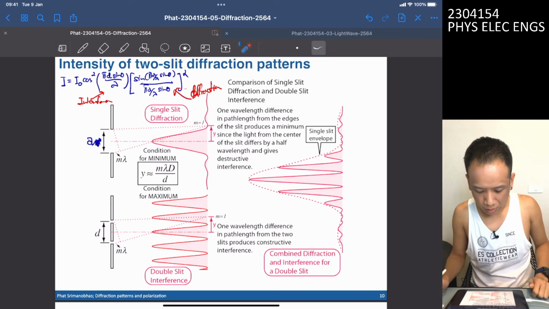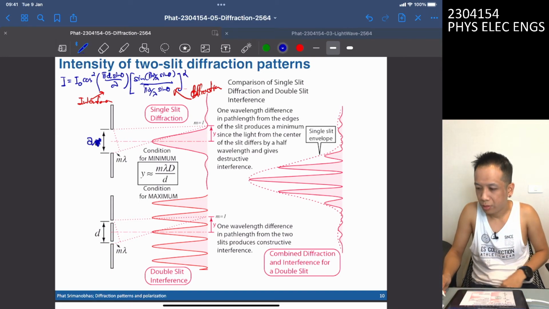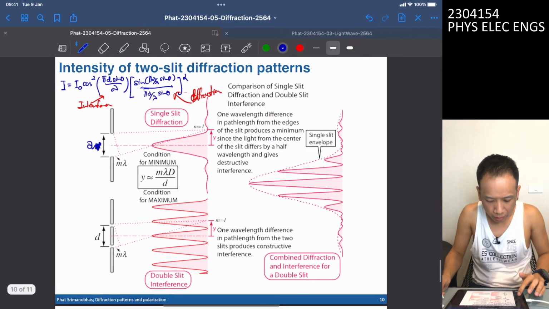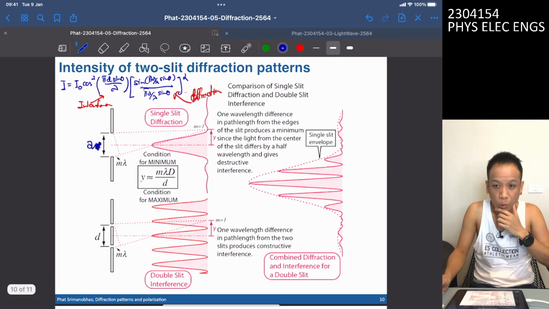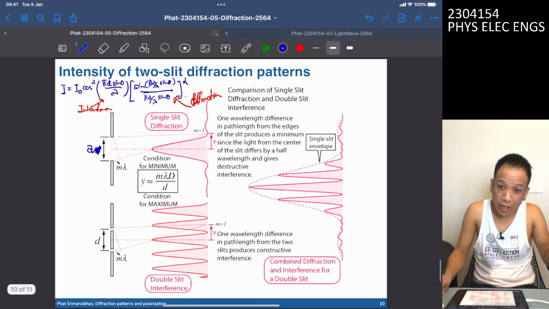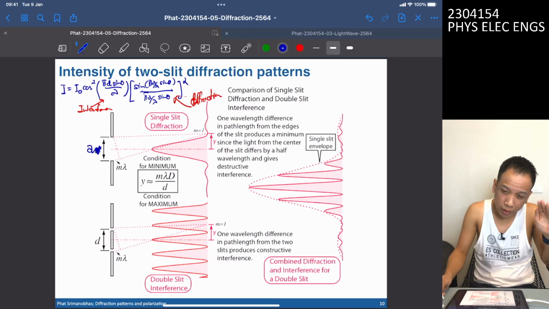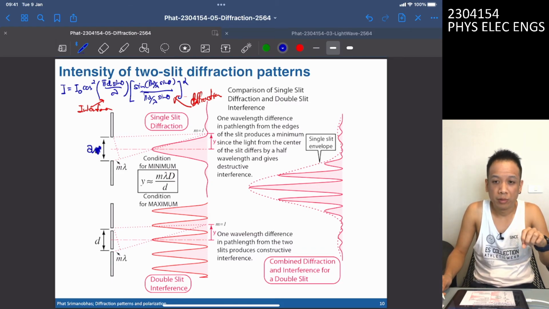Yeah, so this is what you will get. Okay, then we can ask the question: we would like to find the place where the first minimum of the diffraction is, and which m that corresponds to in the interference.